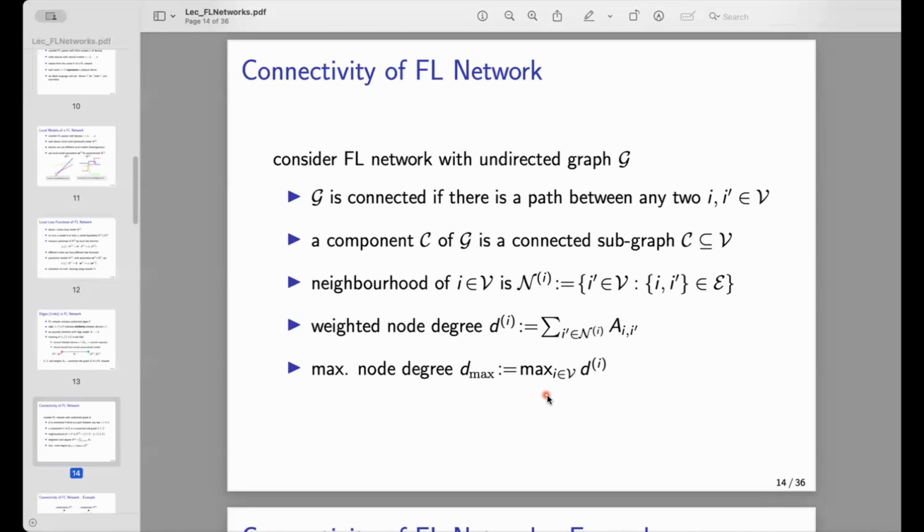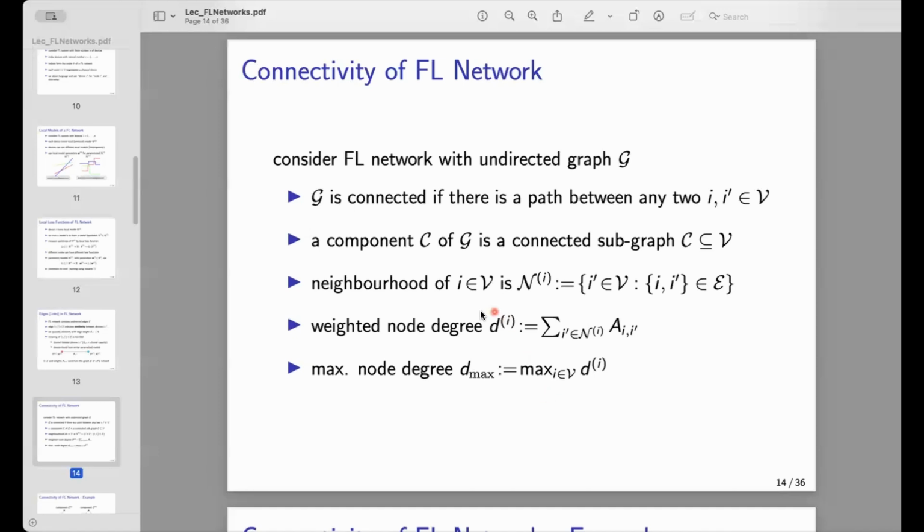And then we say a component C of this graph G is a connected subgraph. So if we have a subset of nodes, then this is a connected component if each pair of nodes in this subset can be reached via edges that connect only nodes within this subset. And for some graphs, we have several different connected components. So there might be two subsets of nodes where there's no path in between them.